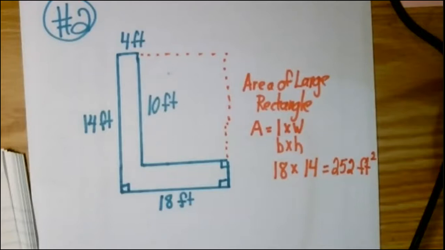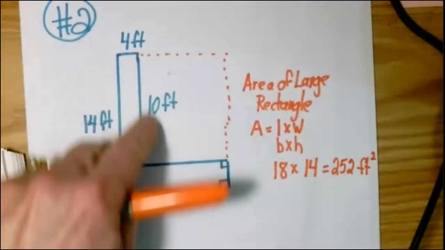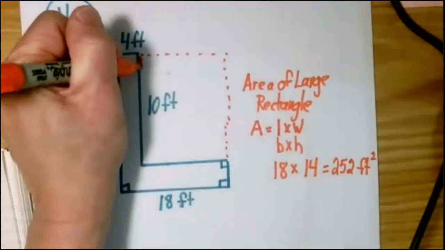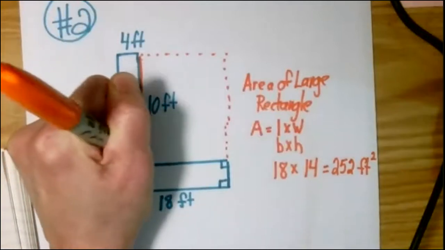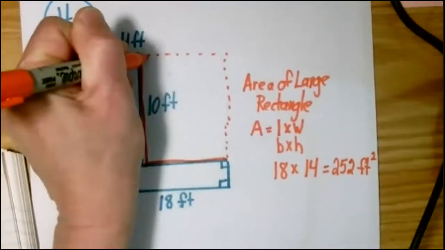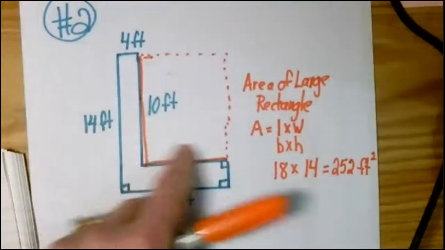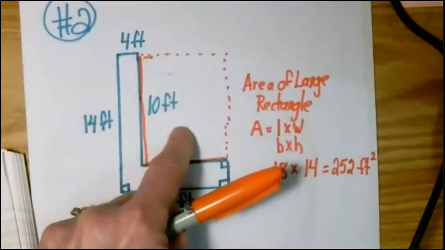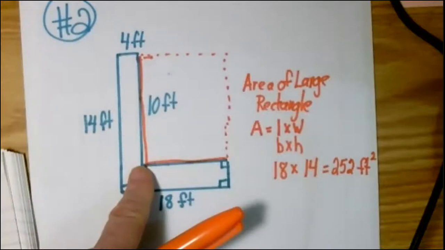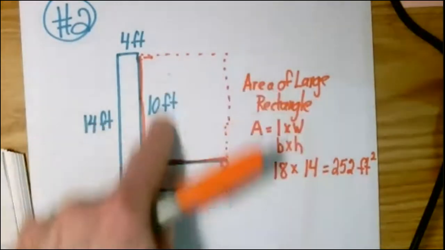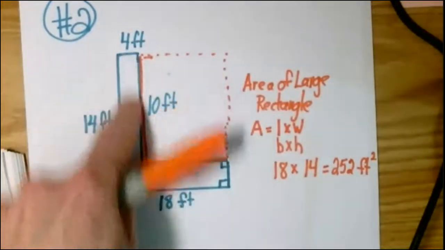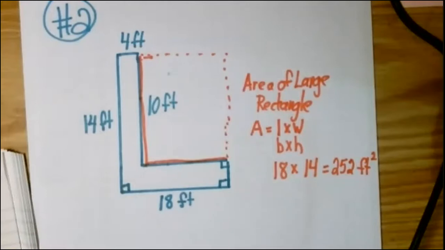So now what I'm going to do is find the area of the imaginary orange one. So if you think about it, if I subtract out the area of the whole thing minus the area of this part, won't I have just this part left? Exactly.